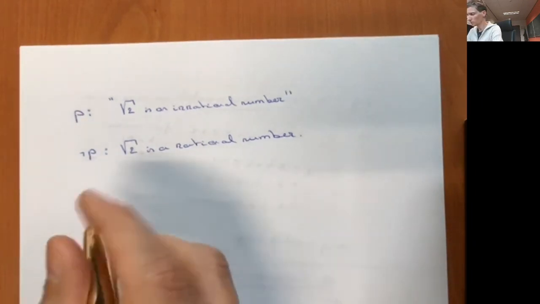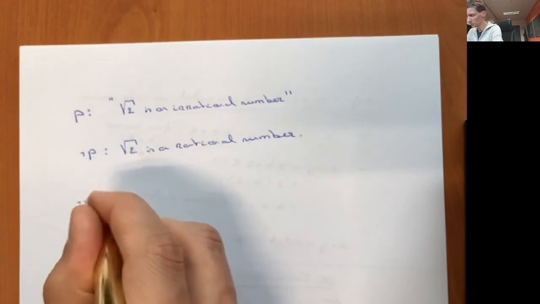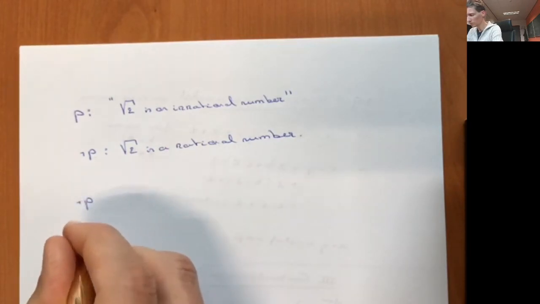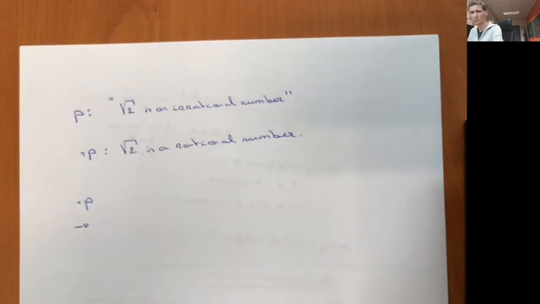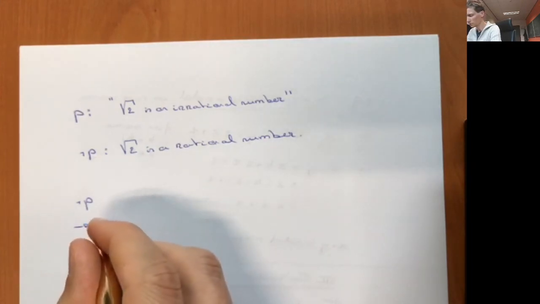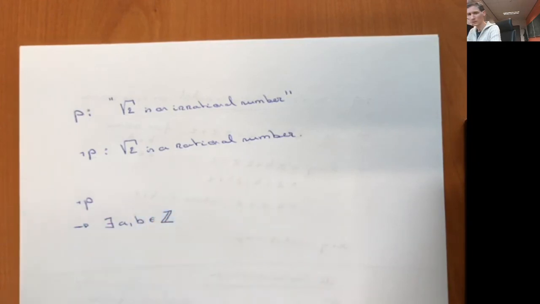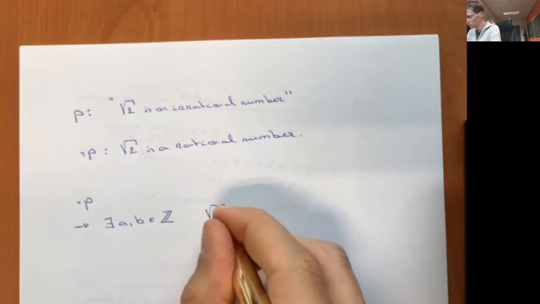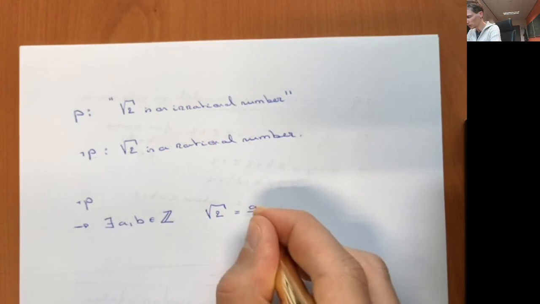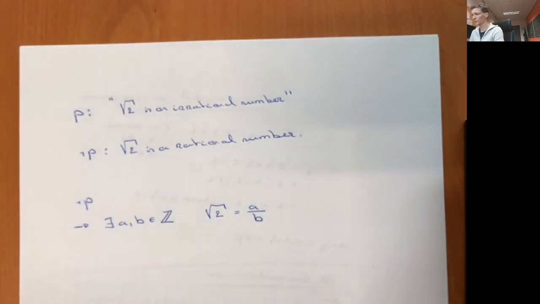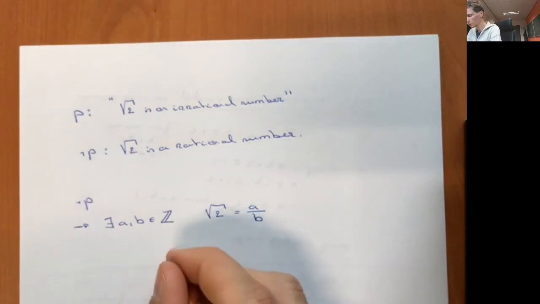So let's assume that negative P is true. From this it follows that square root of 2 is a rational number. So what's a rational number? A rational number is a number that can be written as a quotient of two whole numbers. So we know that there exist numbers a and b such that square root of 2 is equal to a over b.